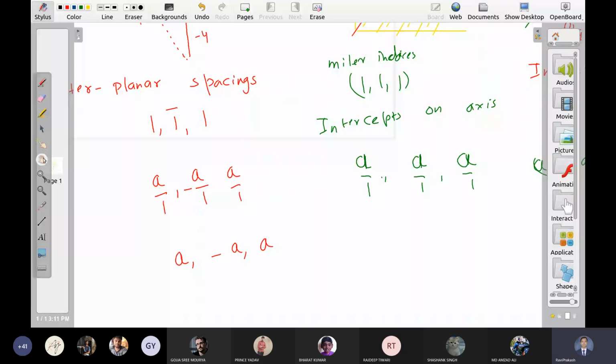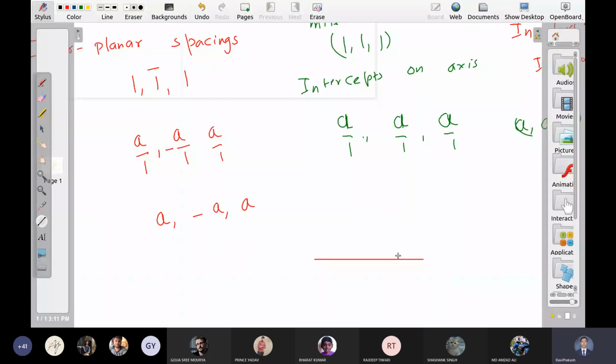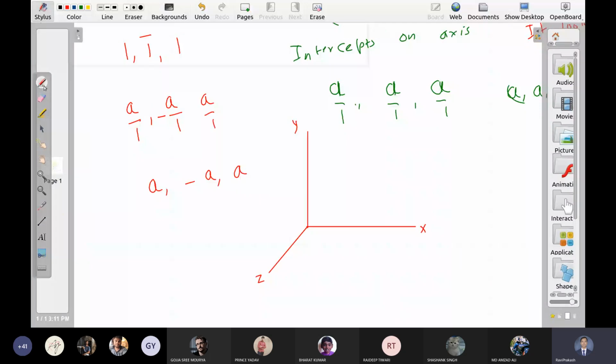So it is cutting x-axis in positive side. It is cutting y-axis on negative side, and it is cutting z-axis on positive side. So we have intercept A on x-axis. It has intercept minus A on y-axis, maybe here.